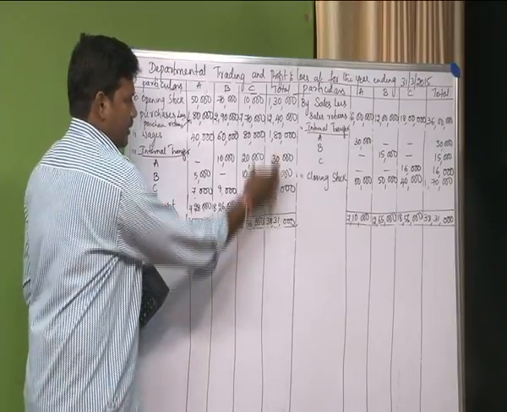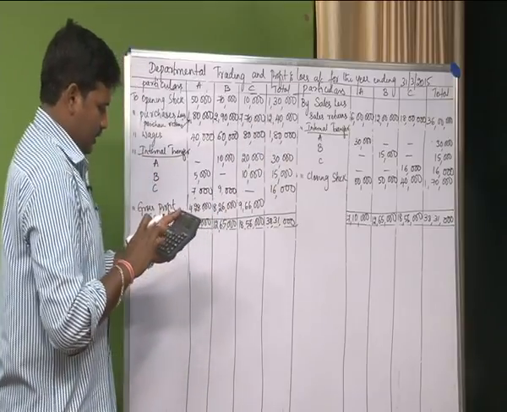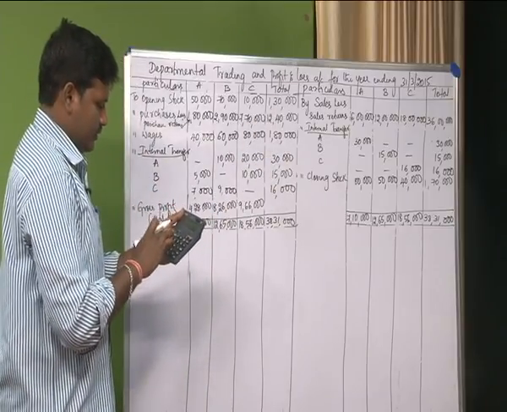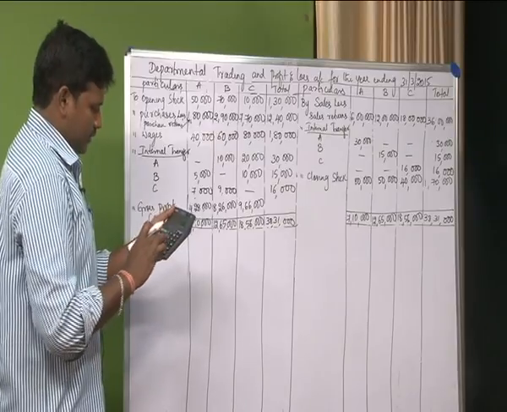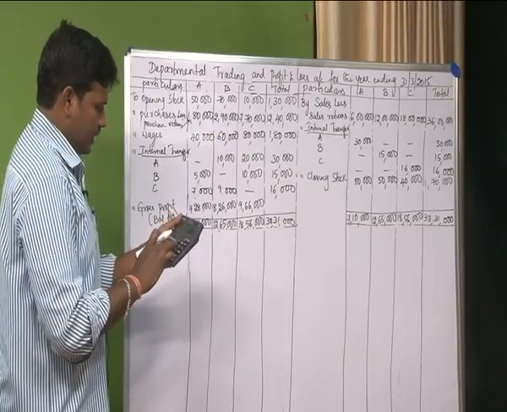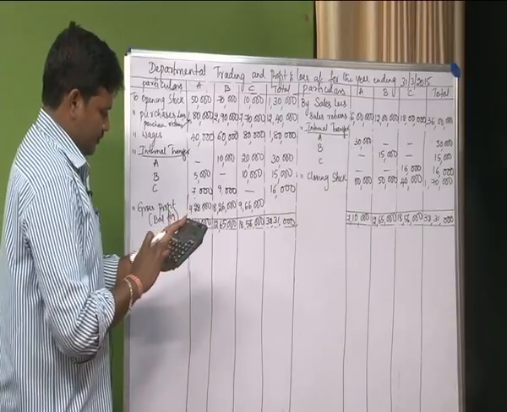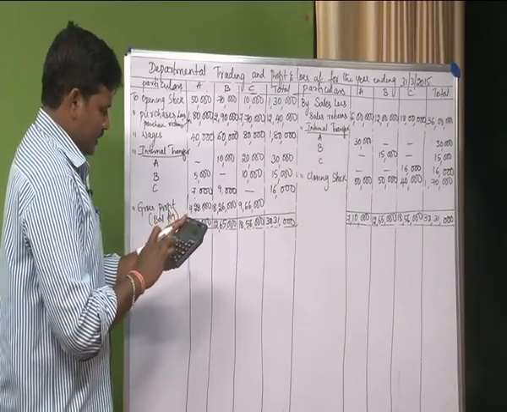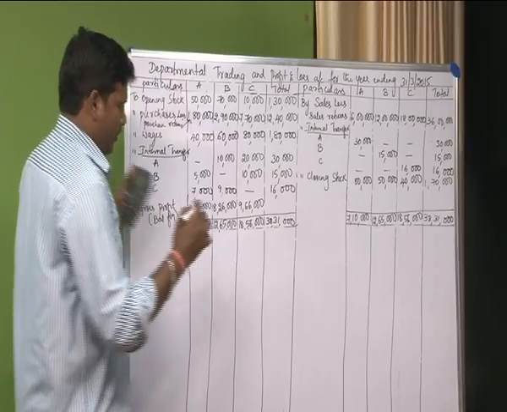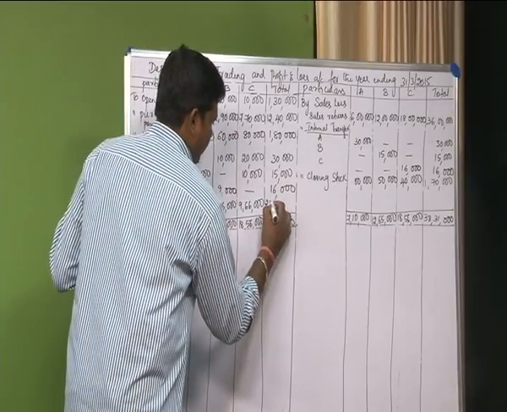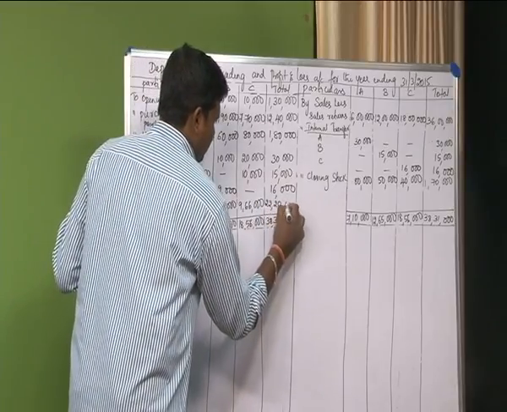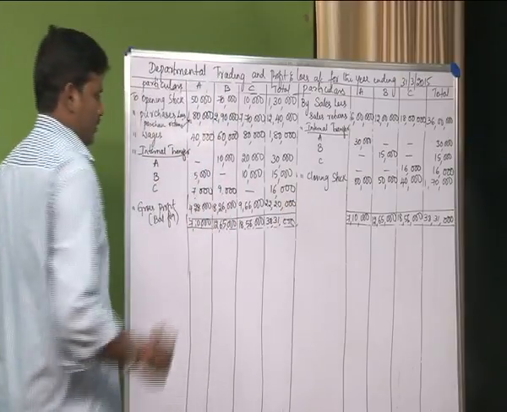From this I am deducting all this. 1 lakh 30,000, 12 lakh 40,000, 1 lakh 80,000, 30,000, 15,000 and 16,000. 22 lakhs 20,000 is the total gross profit.